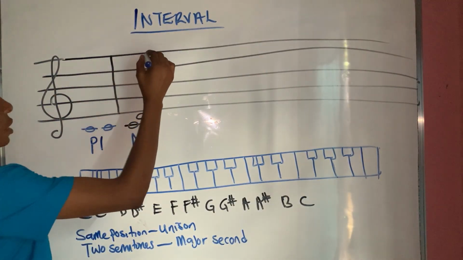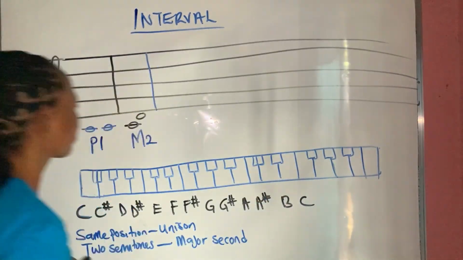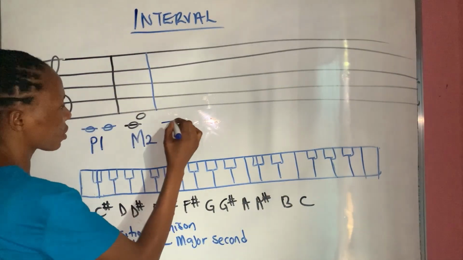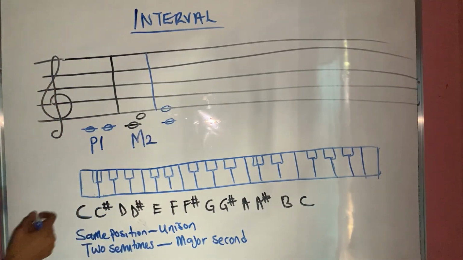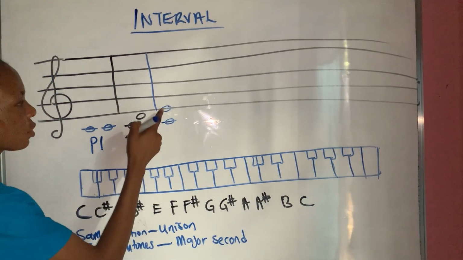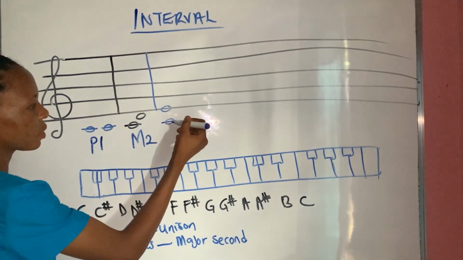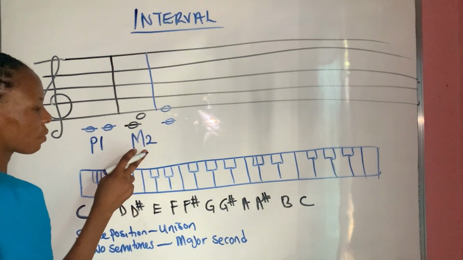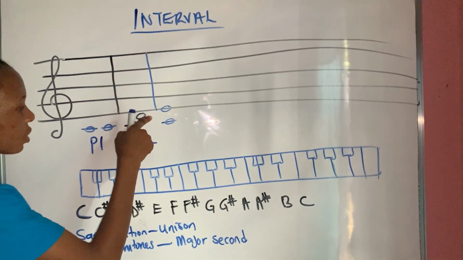Then next one, let's see from C to E. Let's see how many semitones are involved. Now we have how many steps? This one is a third. The quantity is a second here, this one is the first.